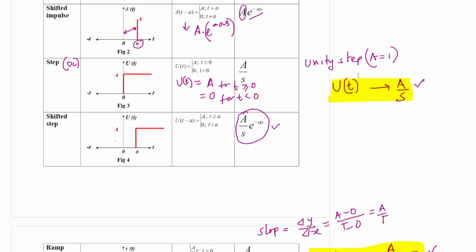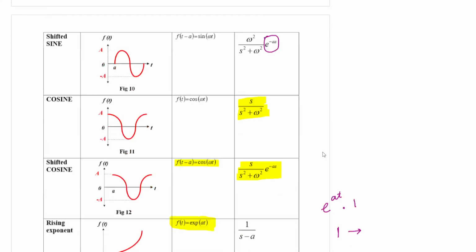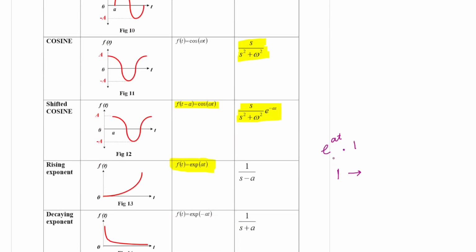Step function will be A by s, where A is the magnitude. If A equals 1, then it is called unity step. So if we have 1, its Laplace transform becomes 1 by s. Any signal having magnitude 1, that is a step function, its Laplace transform becomes 1 by s.